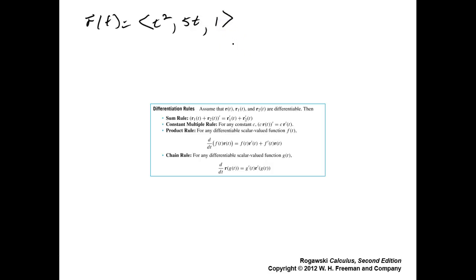That's r of t, vector function. And f prime of t, f of t, scalar function, e to the 3t. Okay? Calculate a first, d by dt of f of t, r of t.